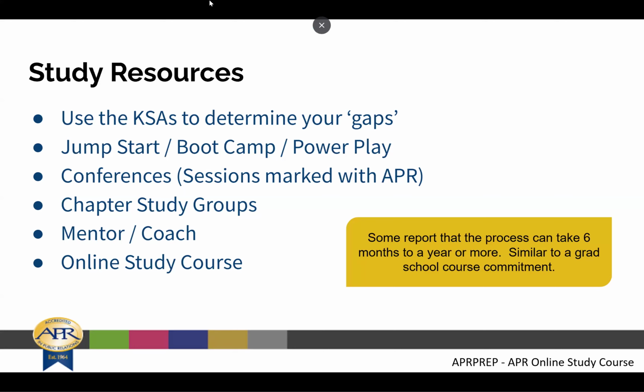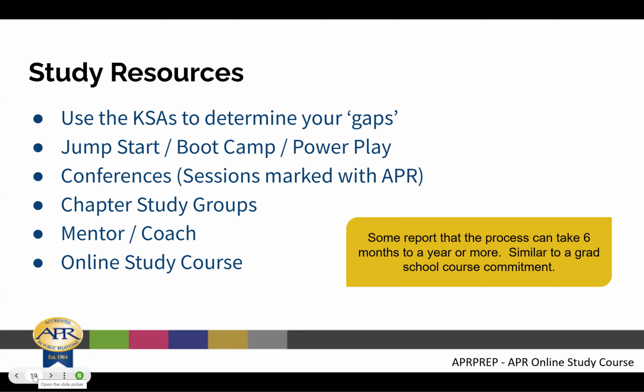So the difference between the APR and the APR plus M lies in the panel presentation section, where APR plus M candidates are tested on all things APR, where they would present a public affairs plan to a panel of 3 APR plus M's and actually be tested and evaluated on military specific rules and regulations for communicating for joint public affairs.